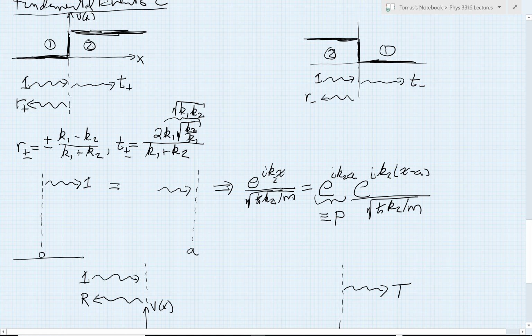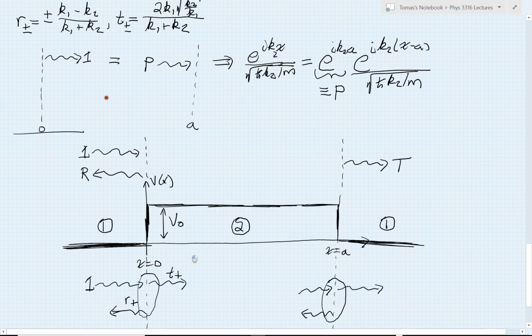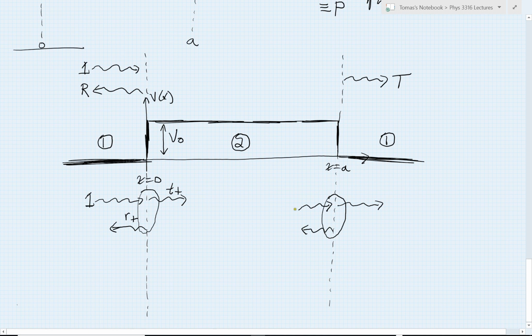And I have this nice equality that a unit wave over here equals P times the wave that's touching location A. With that in place then, I know that what I have incoming over here is not just T plus, but it has to include that extra factor that goes to equate my functions.